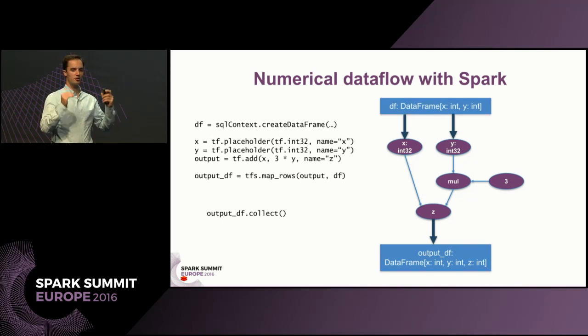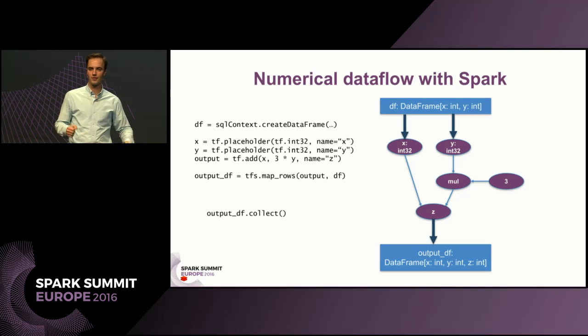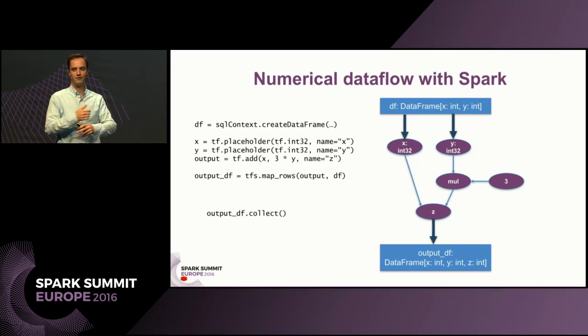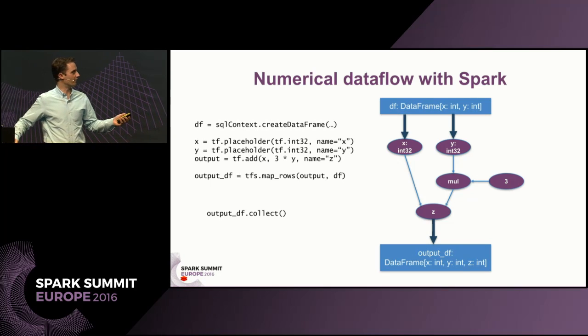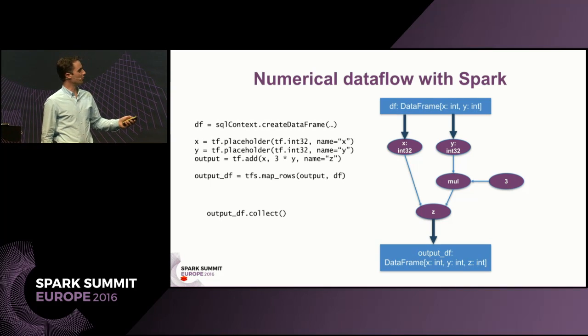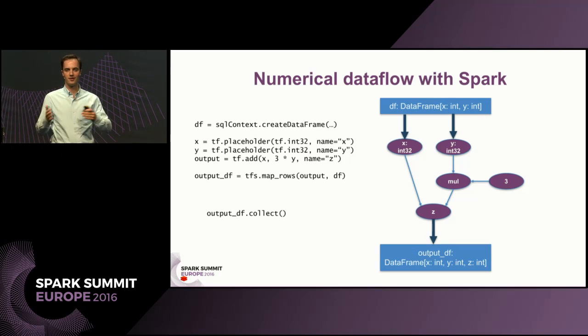And if you are able to describe this computation like this, then the framework should be able to take care of all the details of sending this computation graph across your cluster to run it on your hardware, and then compute a new data frame out of it. And it really fits well into the declarative model of Spark and DataFrames here. And here is actually how you would write it using the TensorFrames binding between TensorFlow and Spark.